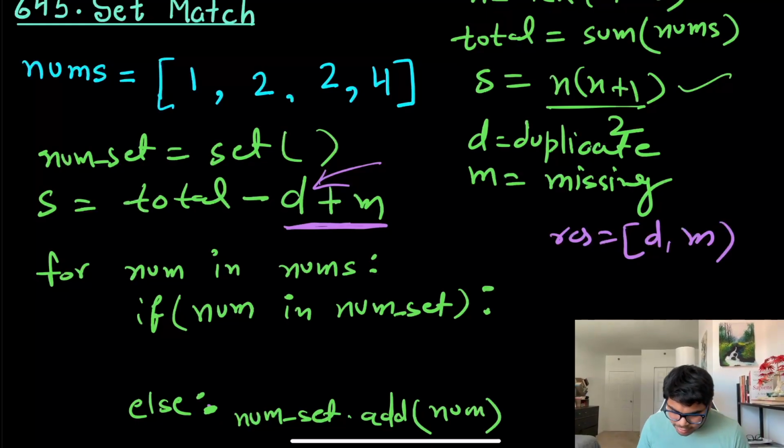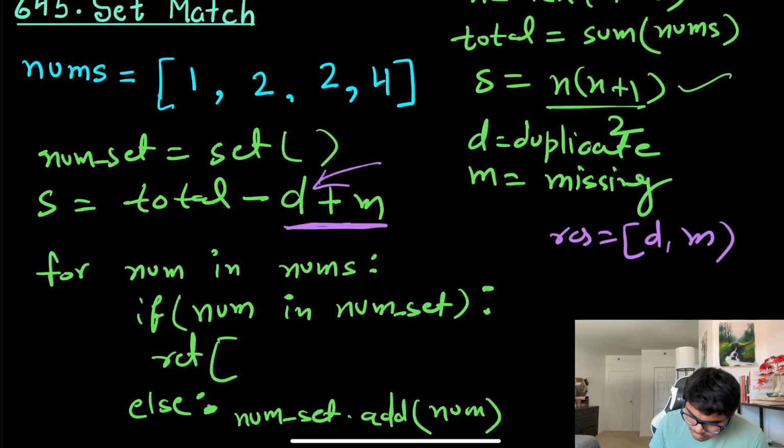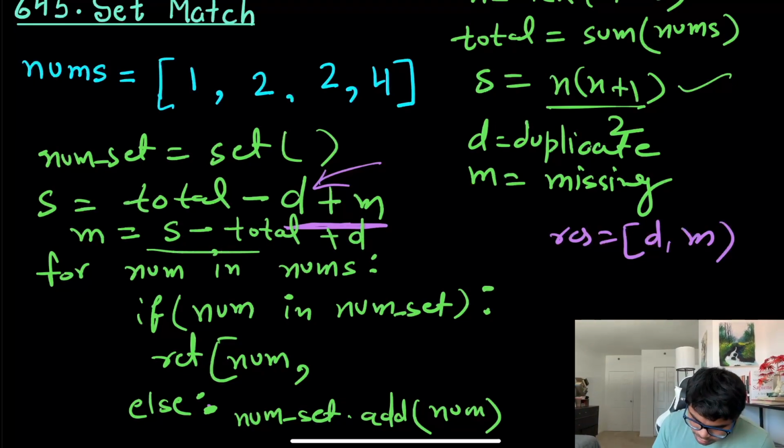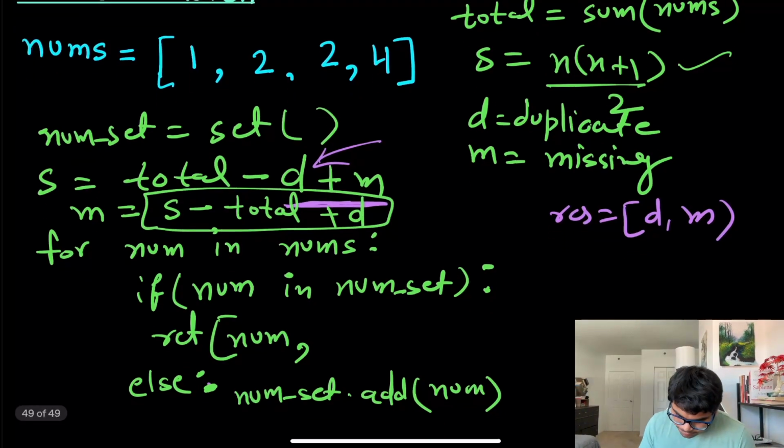Okay, and this is in the else case, but if I've already found this duplicate, then I can return my answer. So return what I'm returning. I've already found the duplicate, which is this number. Then the duplicate and the missing value. So what will be the missing value? If you modify this equation, missing would be S minus total plus D. Okay, so what is S?